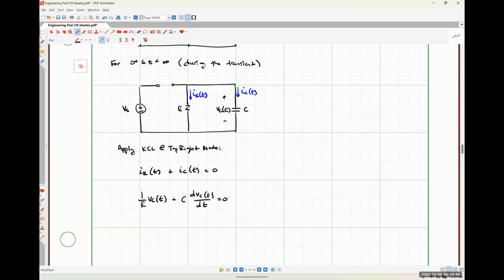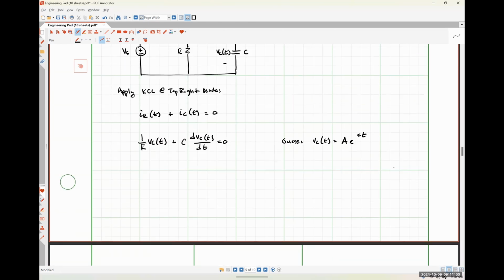And I once again have a first order differential equation. So it stands to reason that I can use that exact same guess value to solve it. So we're now going to guess that VC of t will be of the form A e to the st. Guessing that gives me 1 over R.